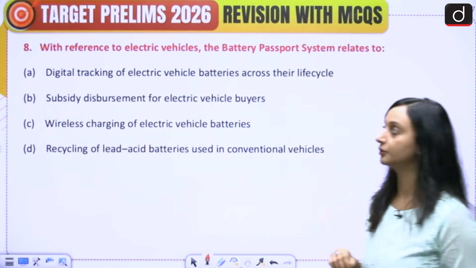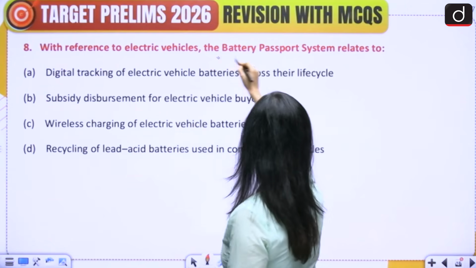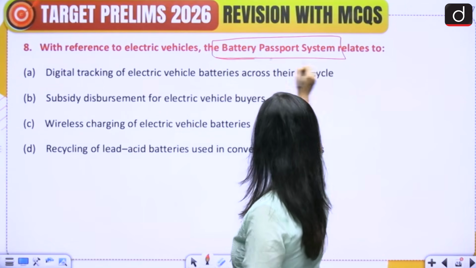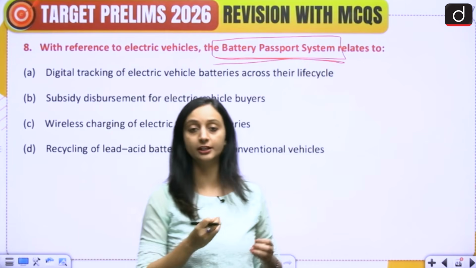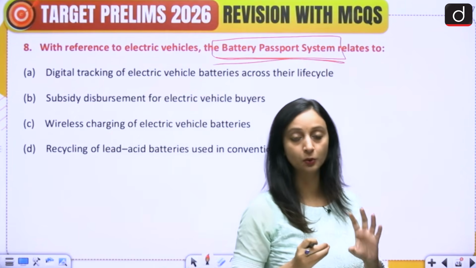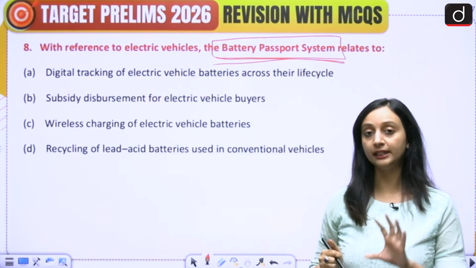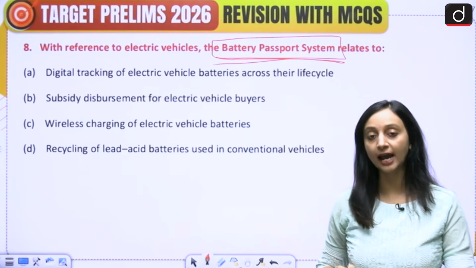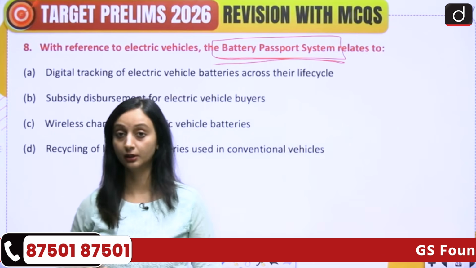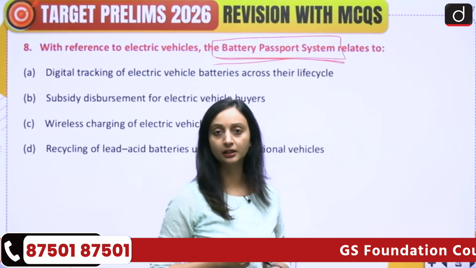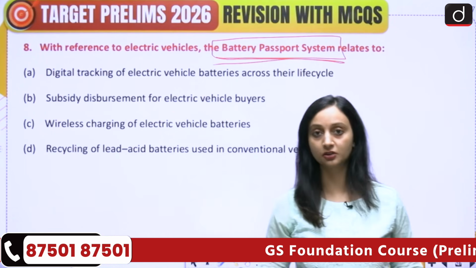Okay, so this one is about the battery passport system. It's actually a digital ID, a QR code kind of thing placed on the EV batteries, and it tracks the entire life cycle of the battery: where it was manufactured, in what year, and what destinations it has traveled.